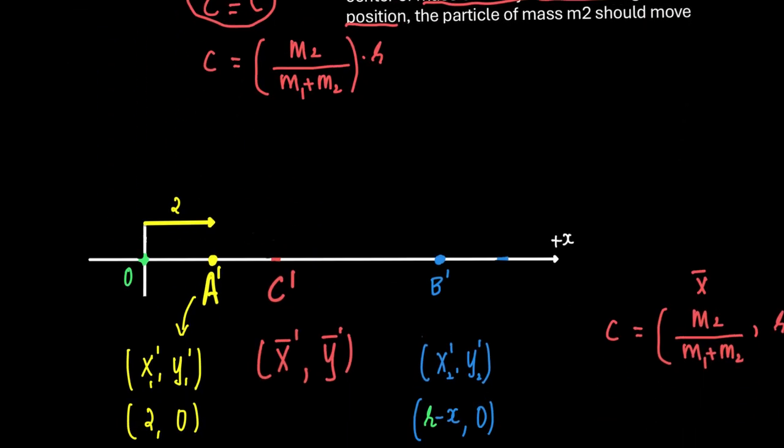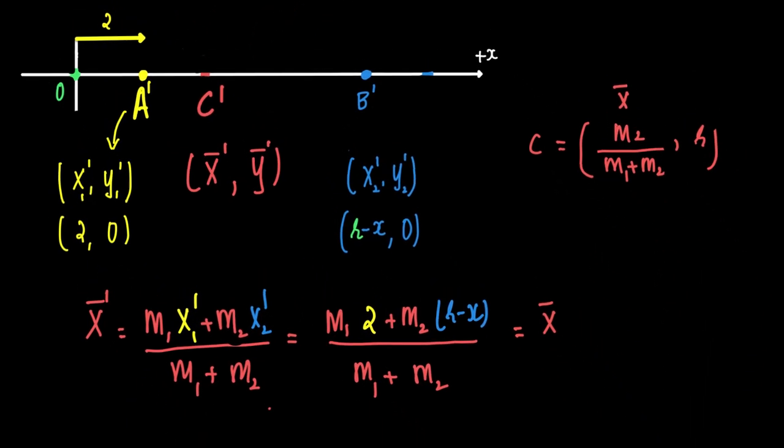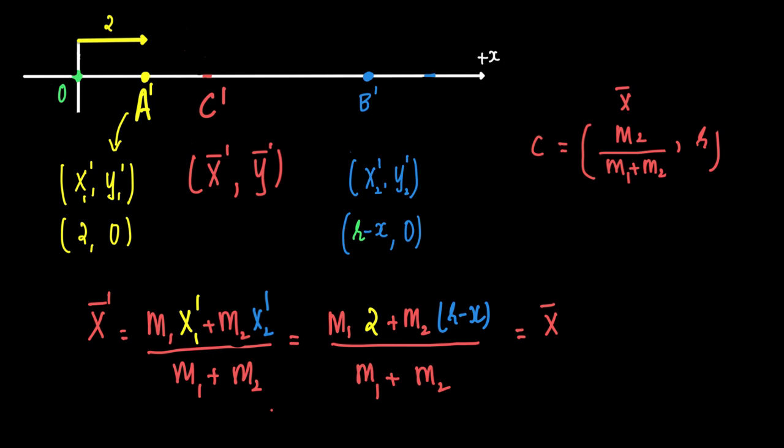Now just to make sure that you get the concepts clear, let me detail that portion one more time. x bar dash is equal to m1 x1 dash plus m2 x2 dash, by m1 plus m2. What is x1 dash? It is 2. What is x2 dash?